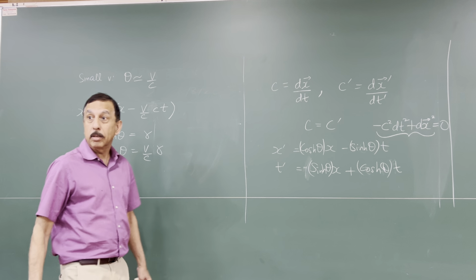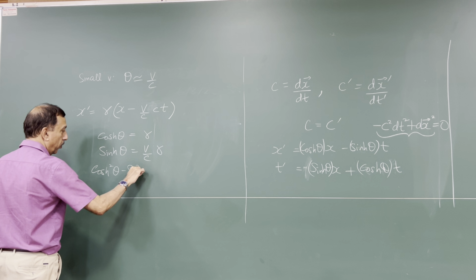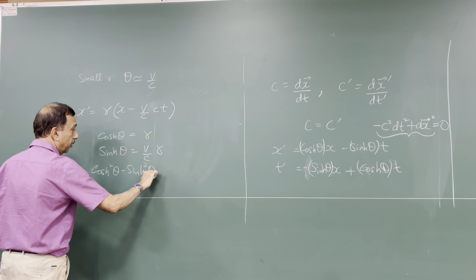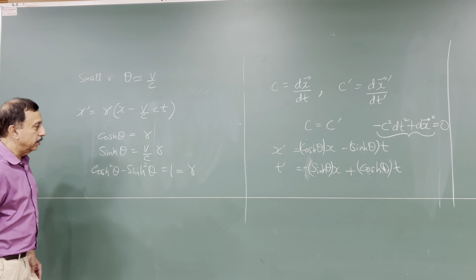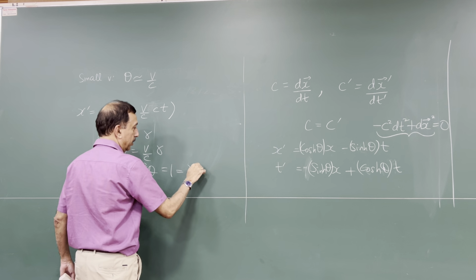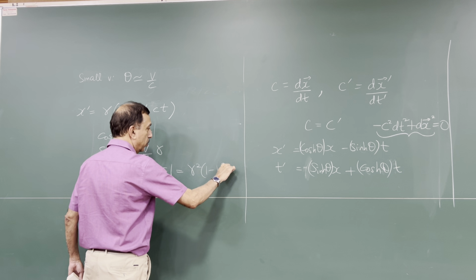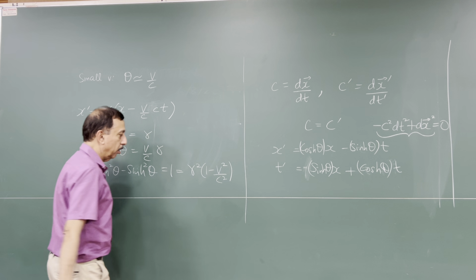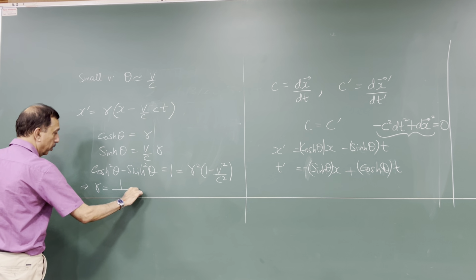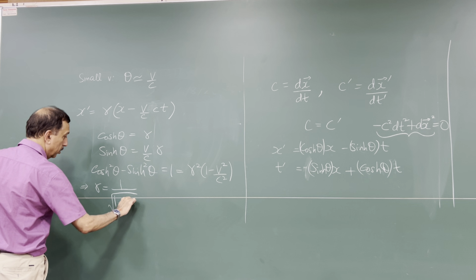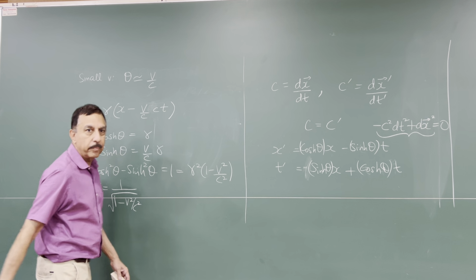So we try this, and now to satisfy this equation, which has to be true for any theta, including large, we simply allow ourselves to choose gamma. So it becomes gamma squared times 1 minus v squared by c squared. This being 1 implies that gamma is 1 over the square root of 1 minus v squared by c squared.